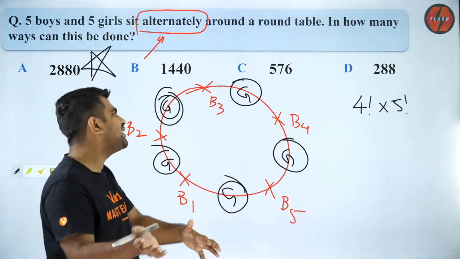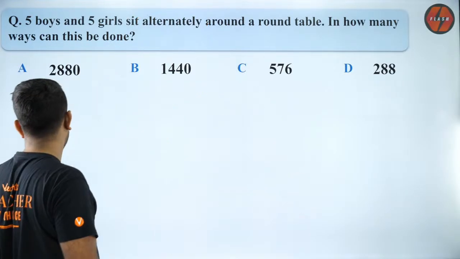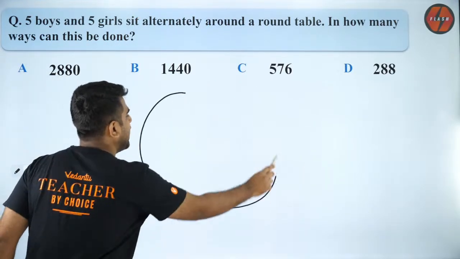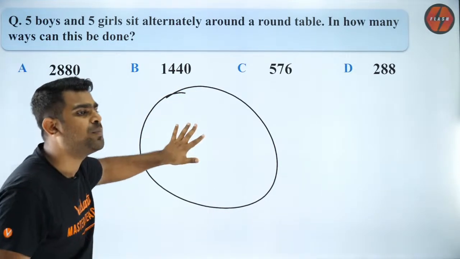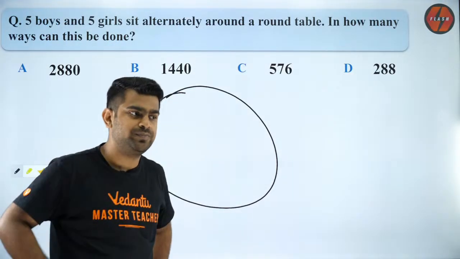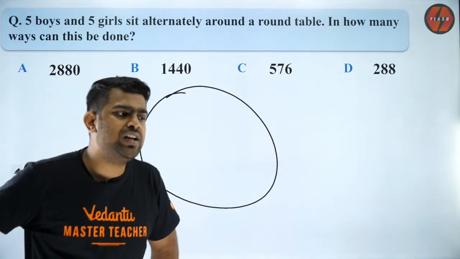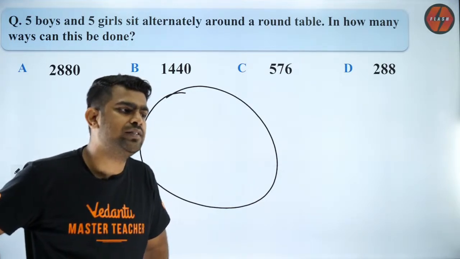So I make the boys sit down, Asim. Before anything happens, the circle is like this. This is the round table. In the round table, I want to arrange 5 boys. In how many ways can I do that?